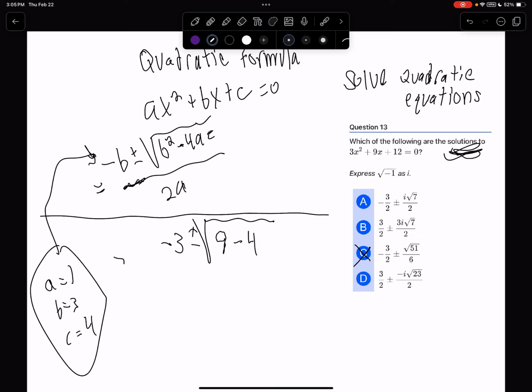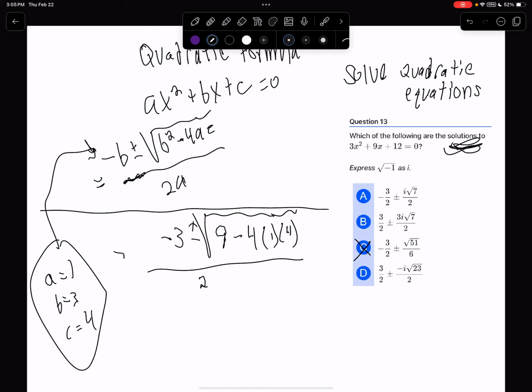What's a and c? a is 1. c is 4. So I already have the 1, which I don't even need to write, to be honest with you, and the 4. So that's actually going to be 4 times 1 times 4, which is 16, right? All over 2a. My a is 1, right? 2 times 1, just 2.